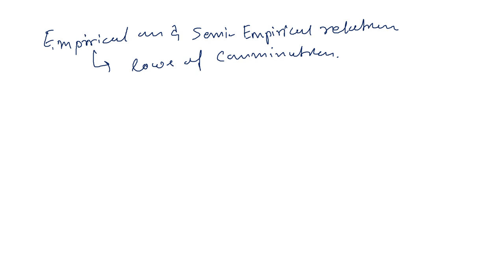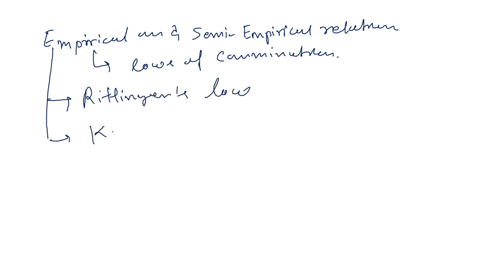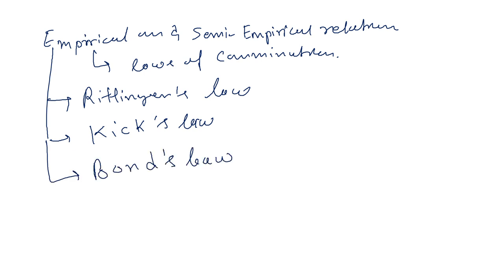The three widely accepted laws are: first, Rittinger's law; second, Kick's law; third, Bond's law. These three laws are used as comminution theory. One by one we will discuss these laws.